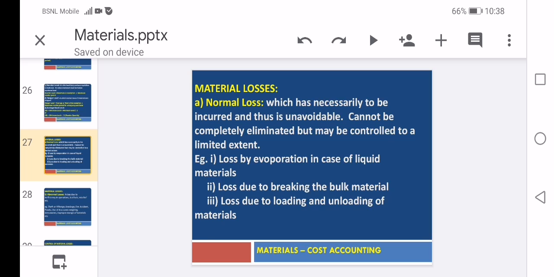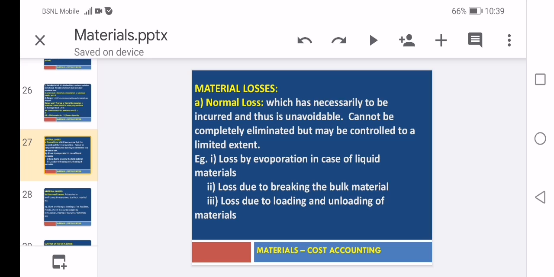The following are the 3 repetitive kinds of situations which give normal losses to the materials department. Loss by evaporation in case of liquid materials such as fuel, petrol and diesel, etc. Loss due to breaking the bulk material such as coal, which is available in bulk, but is broken down into small pieces.